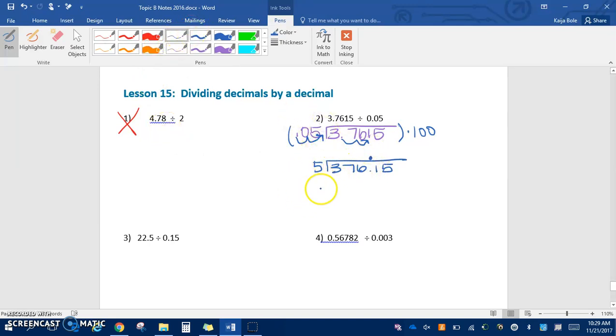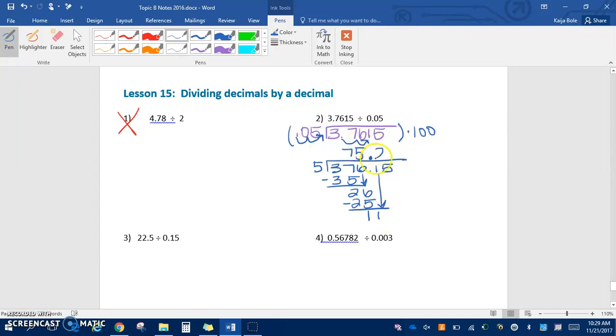So I know that 0 groups of 5 go into 3, so I'm going to look at 37 instead. And I know 7 whole groups of 5 go into 37, so I'll subtract 35. I'm left with 2, and I bring down the 6. 5 whole groups of 5 go into 26. I subtract 25. I'm left with 1. I bring down this 1.